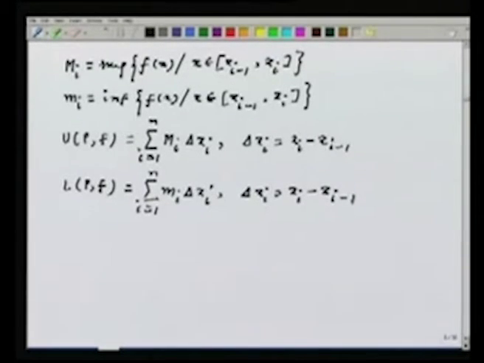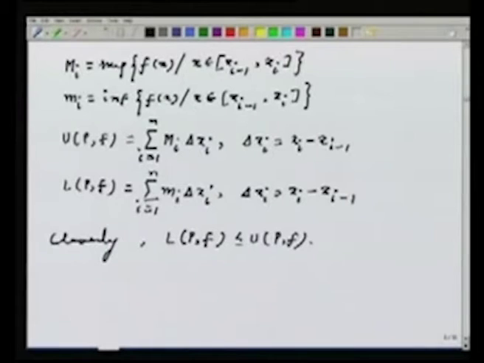From the construction, one thing is very clear, L(P,f) is less than or equal to U(P,f). This is simply because L(P,f) uses the infimums and U(P,f) uses the supremums. Fine.